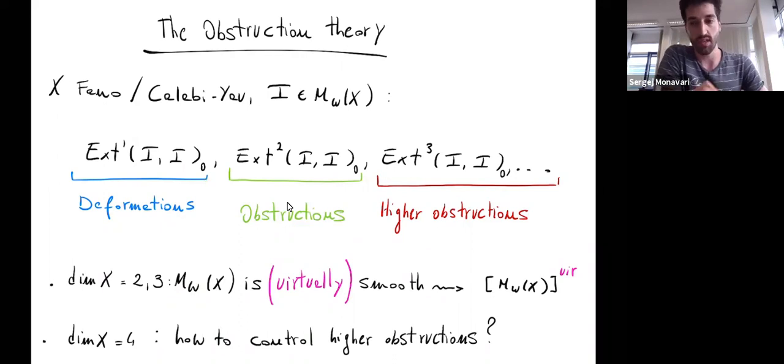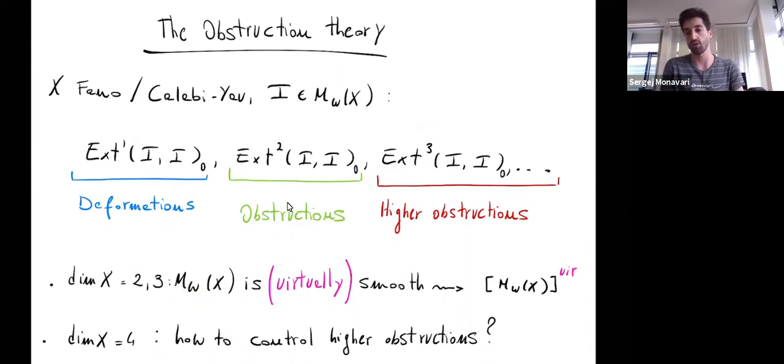So what happens is that classically people have been studying such problems in dimension up to 3, particularly for surfaces and for threefolds, not only Calabi-Yau but more generally. The moduli space is not always smooth, otherwise our life would be too easy. But in dimension 3, we would not have such higher obstructions, and the deformation theory would essentially be controlled by two pieces: the deformations, this Ext^1, and the obstructions, this Ext^2.